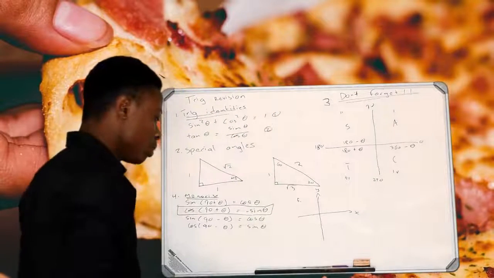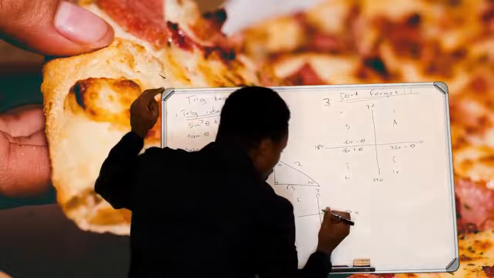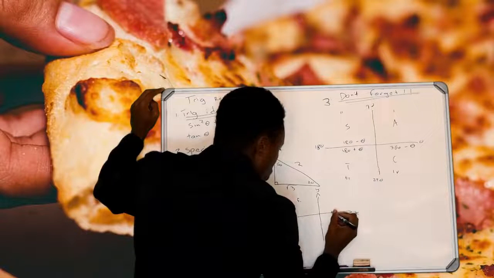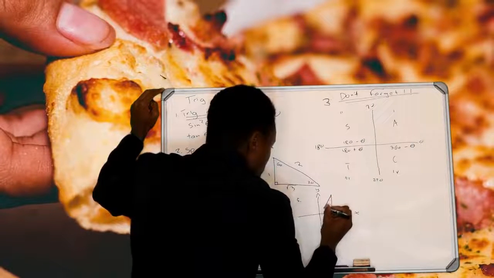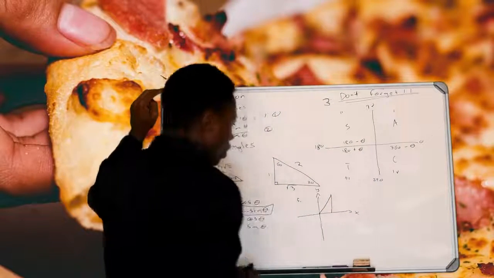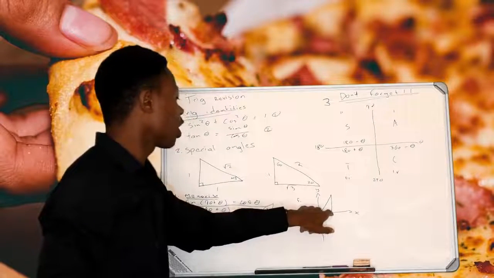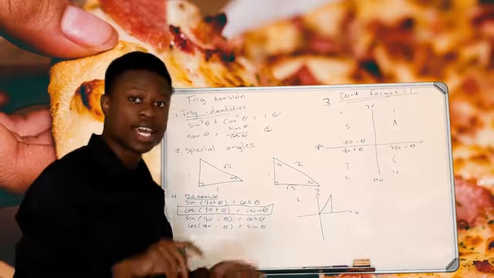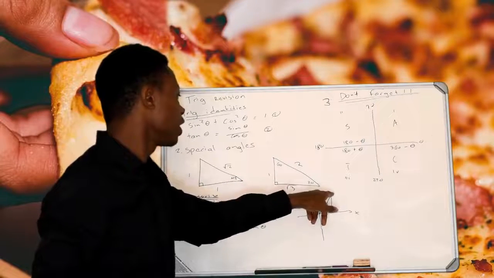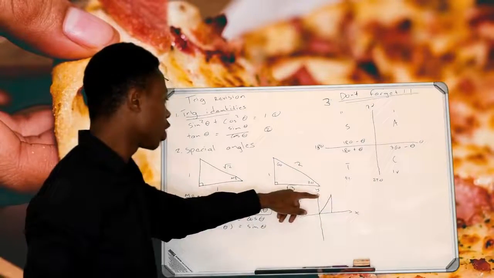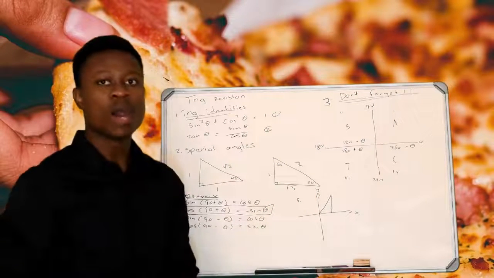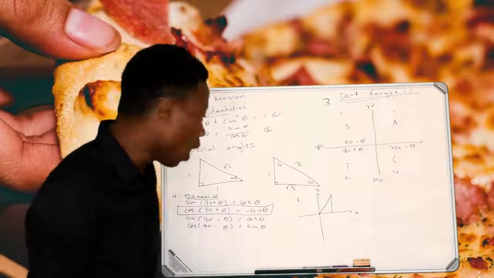Right? So let me draw an example of what I'm talking about. So let's say that's my triangle, right? So if they say, what's the coordinate of this point here? The coordinate of that point is x and 0. Coordinate of that point there is x and y. Coordinate of this point here is 0 and y.